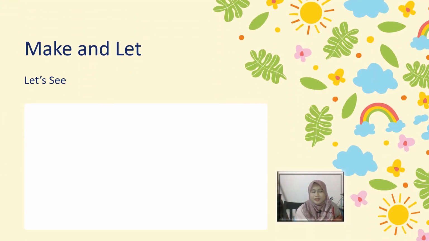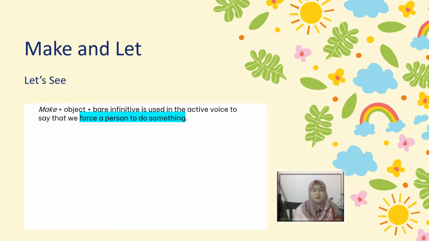Okay, let's look at make and let in infinitives. So make plus subject plus bare infinitive is used in active voice to say that we force a person to do something. So, for example, the driver made the tourist get off the coach.